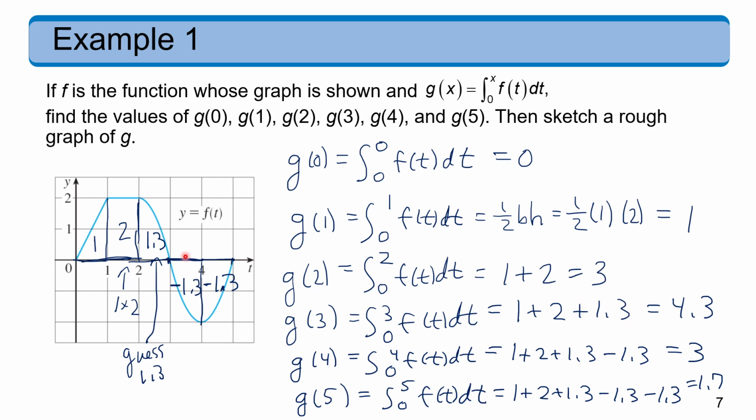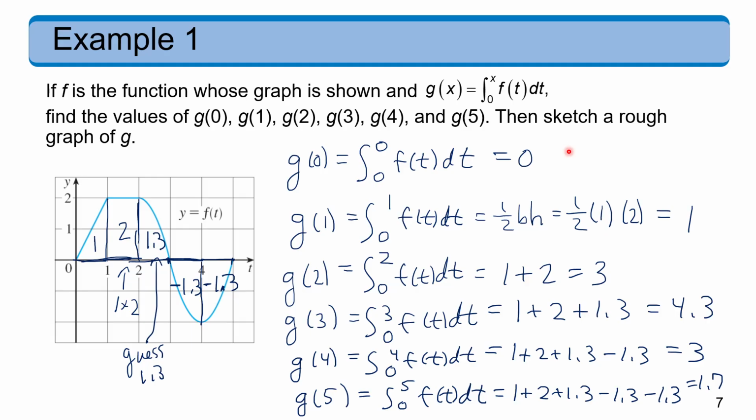And then for the next one, I could have taken the value for the integral 0 to 3, which is 4.3, and then put on the next term, which is minus 1.3. So instead of writing all these out separately, I could have just said 4.3 from here, and then minus 1.3. Okay, so now let's move to the graph.